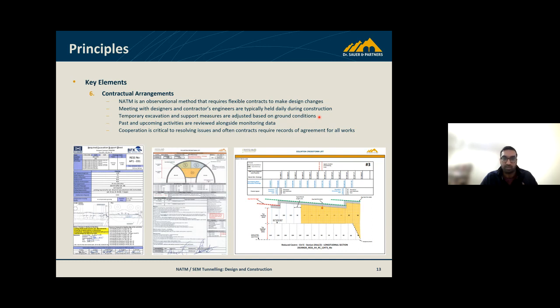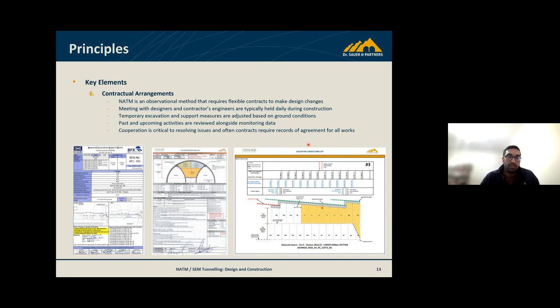That's the red sheet, and it gives you the basic information that you need to go ahead and start creating that tunnel in the ground, essentially. That meeting every day with the designers, contractors, and engineers is key to understanding what's going on down in the tunnel, and whether there are any major changes that need to be addressed with the design, and there is quite a lot of flexibility there.